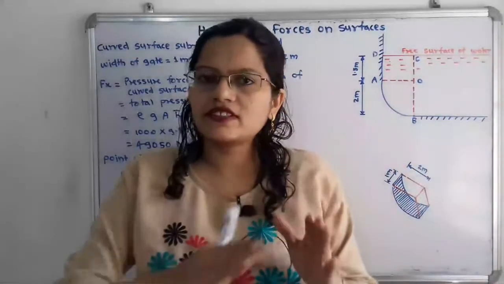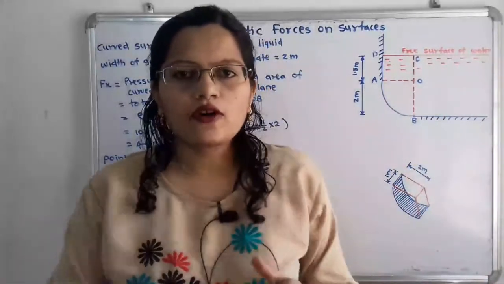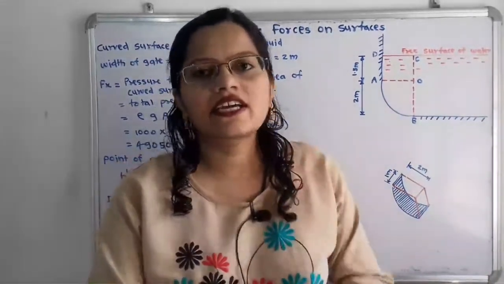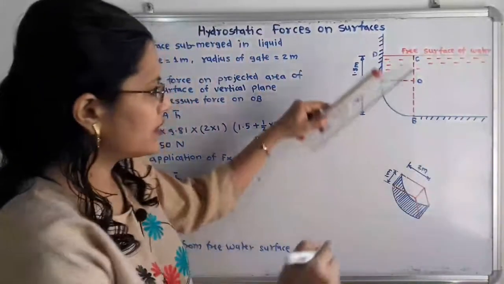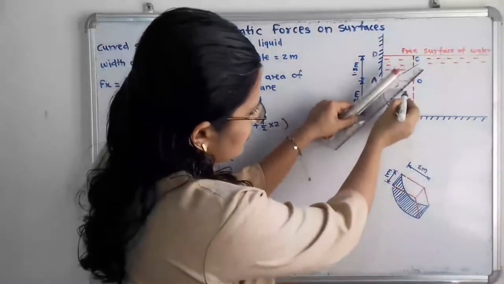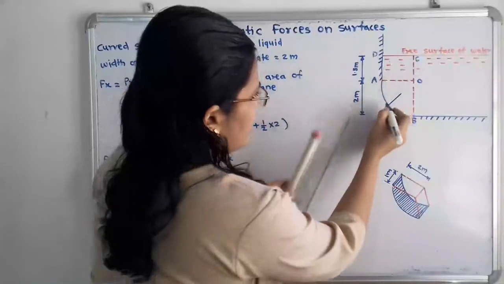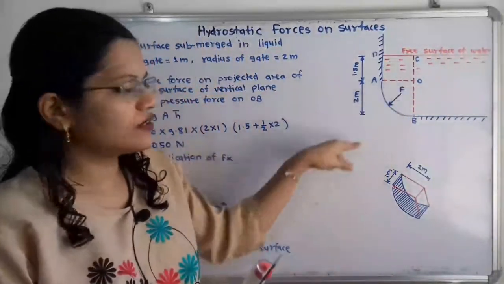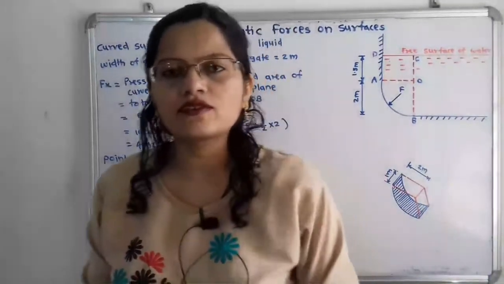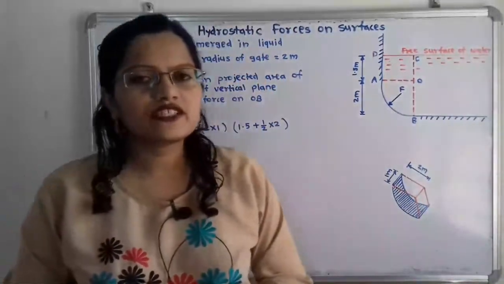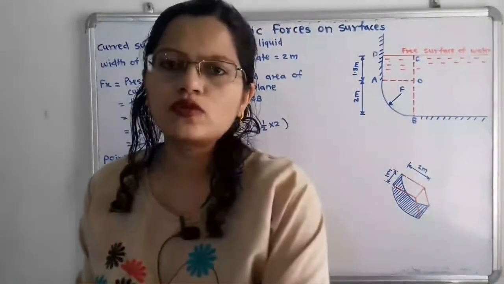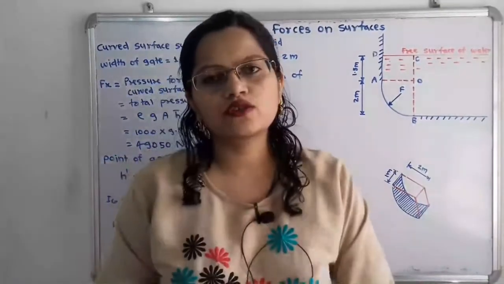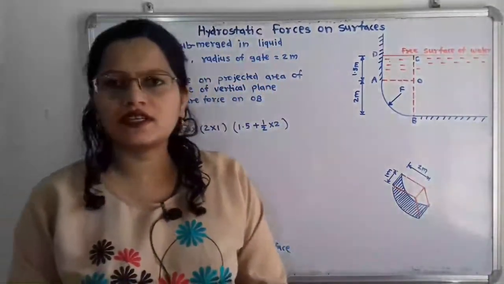Now this surface is curved, so the force is acting in an inclined direction. I will show here, this is the force F. In this inclined direction the force F is acting. We can resolve this force F into two components, the horizontal component as well as the vertical component.